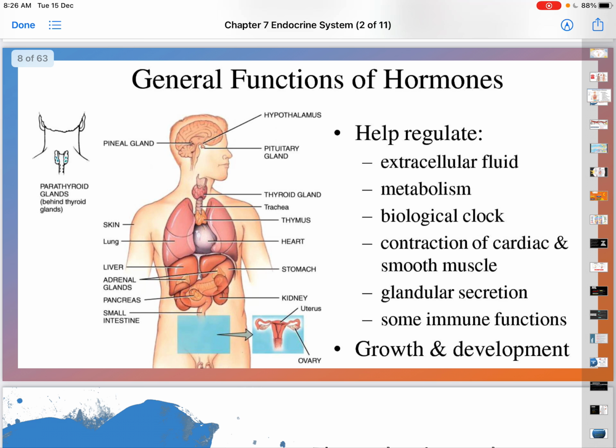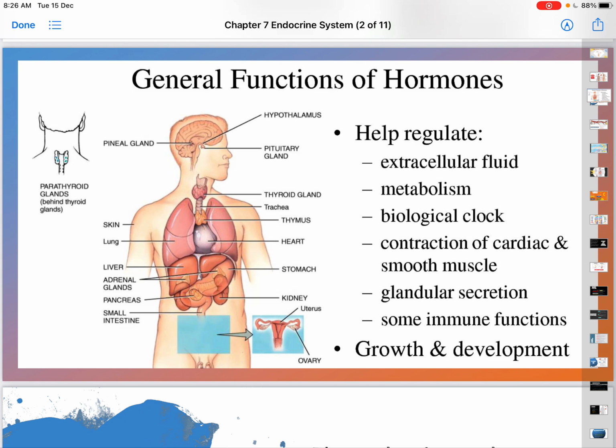So these are the general functions of hormone. If the question asks what is the importance of hormone, what are the functions of hormone, you can answer by listing this.